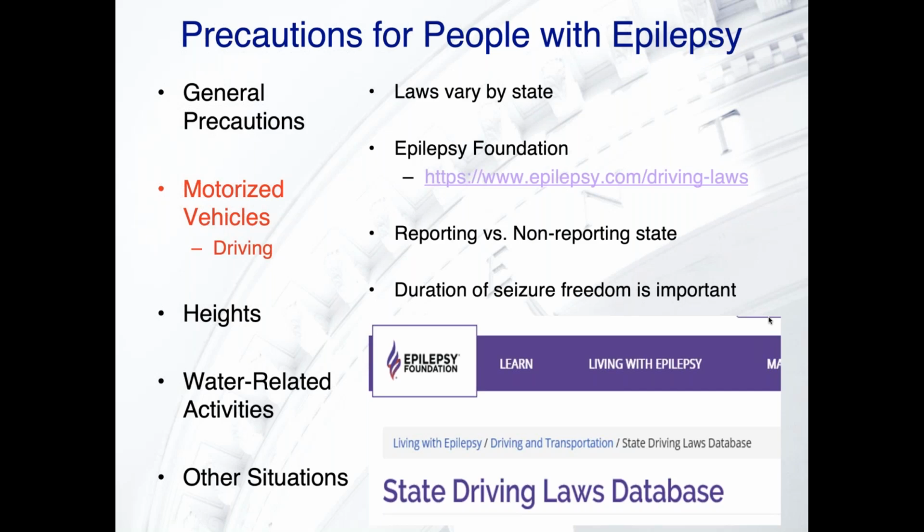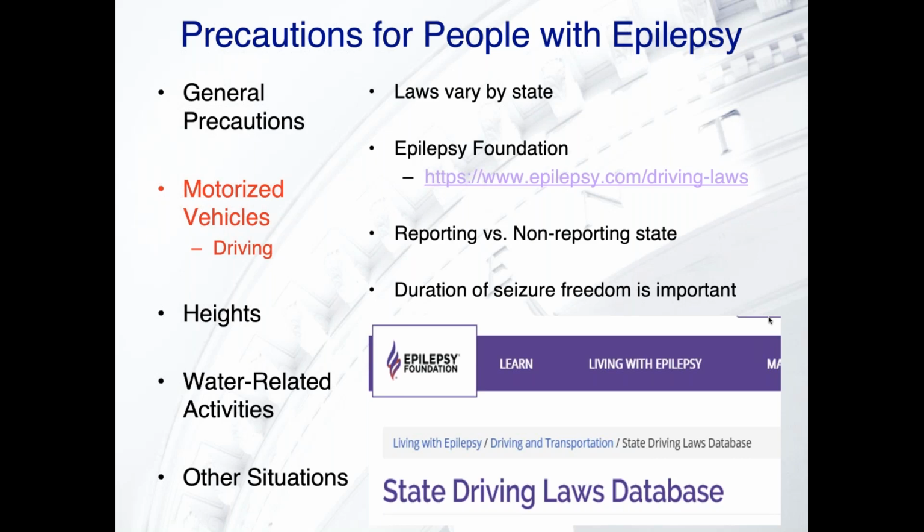In some states, the provider, so the epileptologist, the doctor, the neurologist who treats patients, has to actually tell the state that they have a patient with epilepsy or that an individual has epilepsy. Other states are non-reporting states.